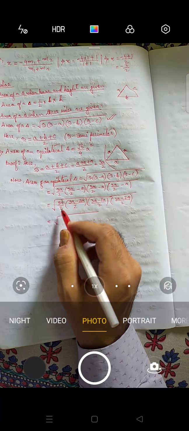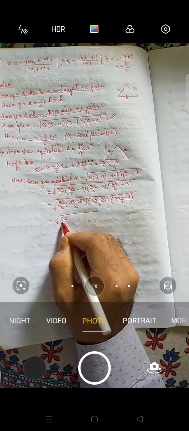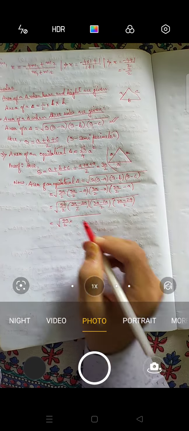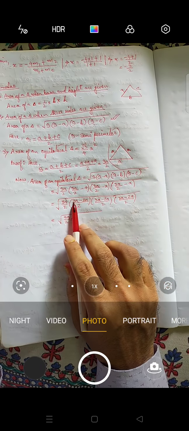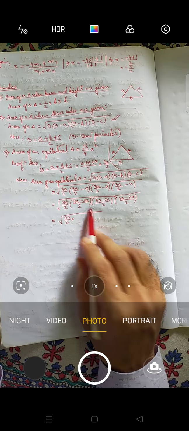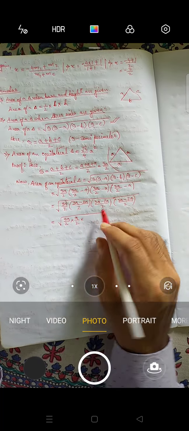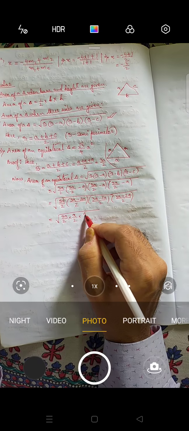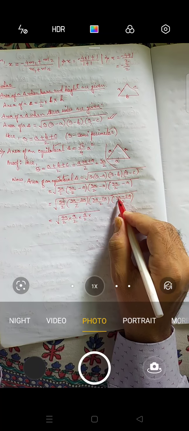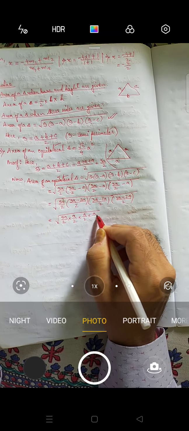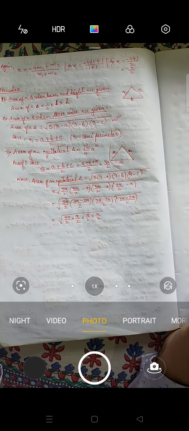Now this can be written as 3A by 2, bracket means into. Now if you solve this, 3A minus 2A, you will have only A by 2 into, again this is also A by 2 into, again this is also A by 2. Any problem?